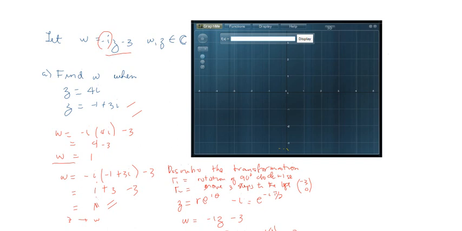The given W is 1 minus 3i. So let me write that. That's going to be here, 1 and 3i. 1, 2, 3. Okay, this is a transform.